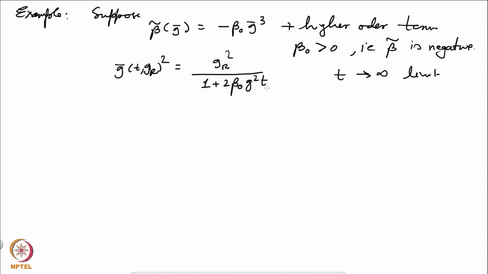So you see, if t is infinity, this is going to 0, right? Because if t is infinite, this denominator becomes infinite and it goes to 0. So g bar will be 0. This describes an asymptotically free theory.